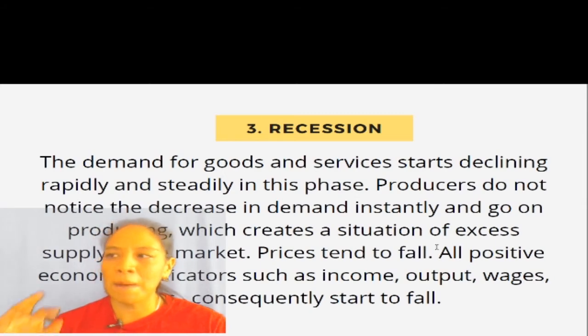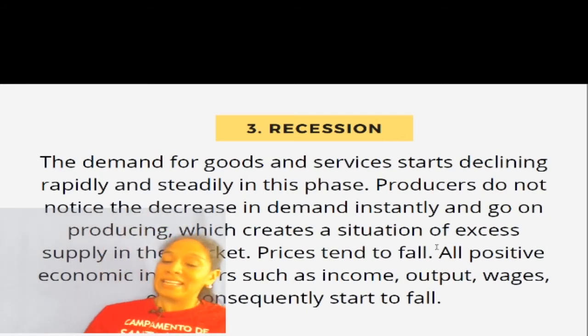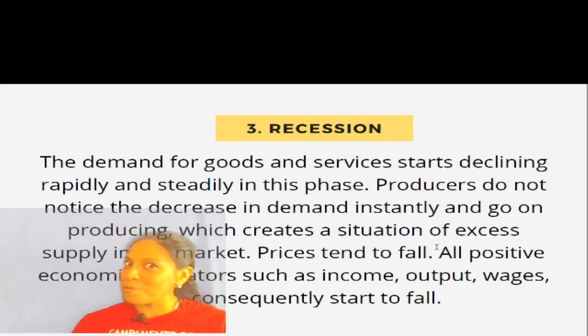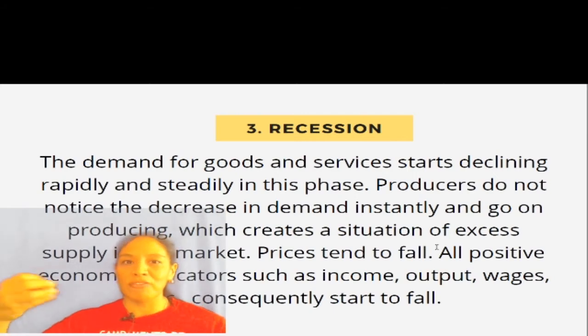Some goods and services are easier to put in a forecast, but others aren't at all. So producers do not notice the decrease in demand instantly and go on producing, which creates a situation of excess. Remember, the excess of supply.